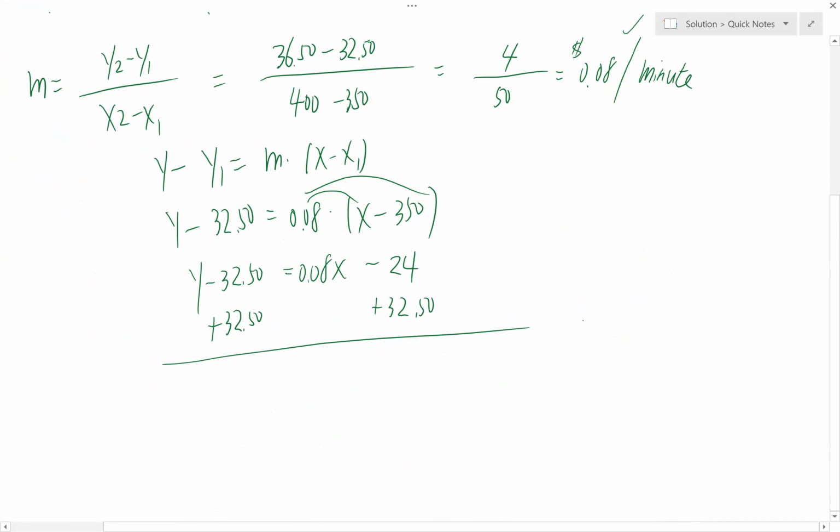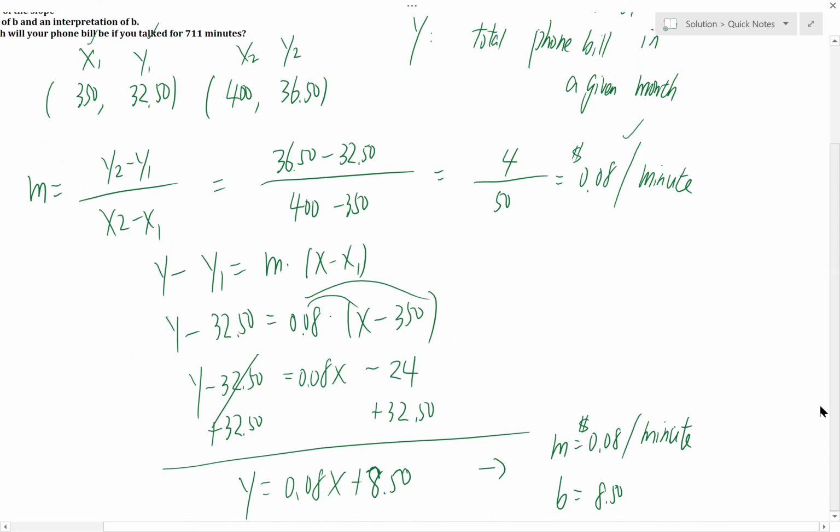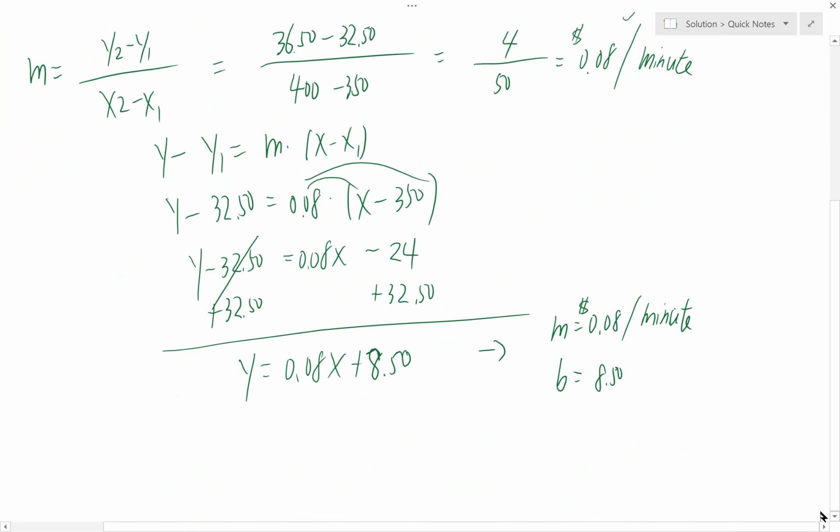And simplify: y equals 0.08x plus, 32.5 minus 28 is 4.5, positive 8.50. And here we know that the slope is 0.08, 8 cents per minute. And then the y-intercept B here is $8.50. You can also call this the base monthly charge, right? It's $8.50 base monthly charge.